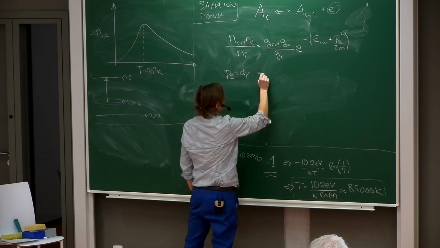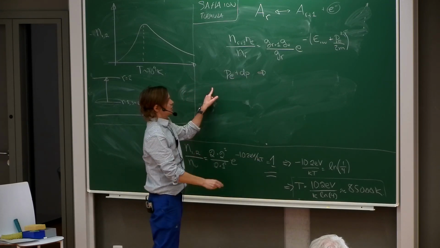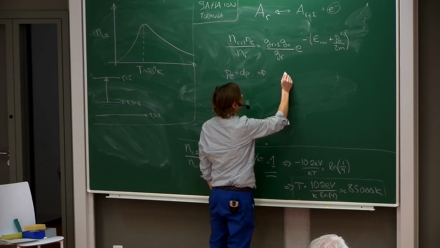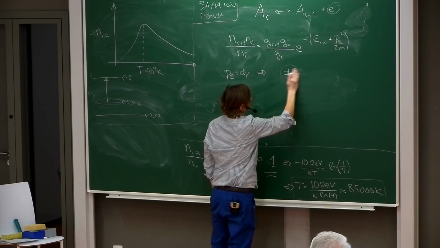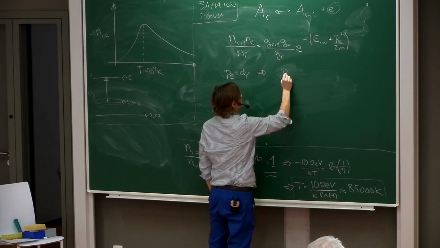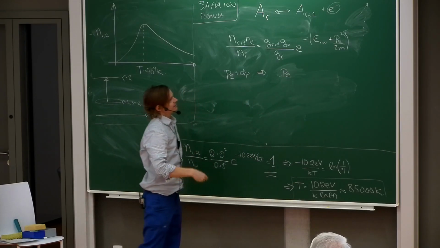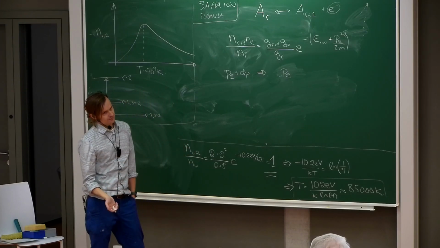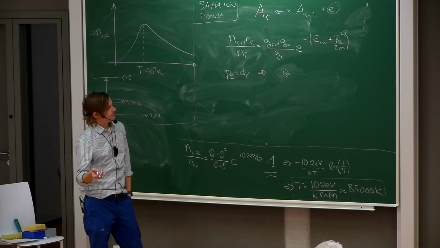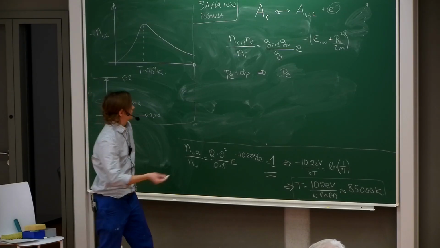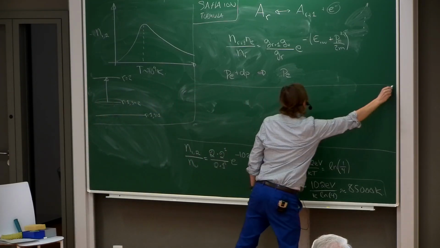Then we will have to actually integrate this over all possible Pe, so momenta for the electron. And that we could do with the Maxwell distribution. We're not going to do that today, though.